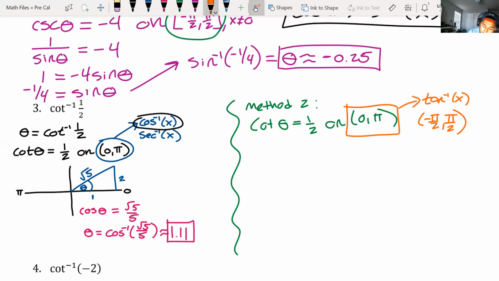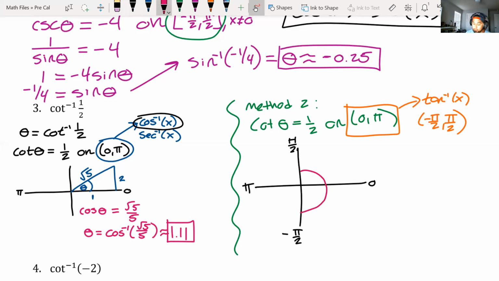But before I do that, let me explain something. Here is negative pi over 2. Here's 0. Here's pi over 2 and pi. The inverse tangent lives in quadrants 1 and 4.